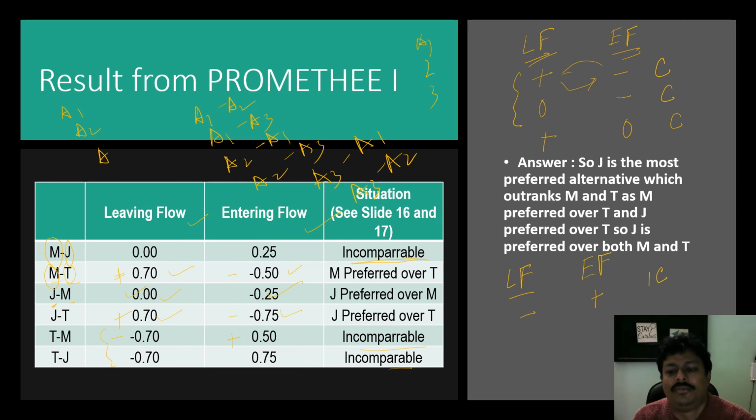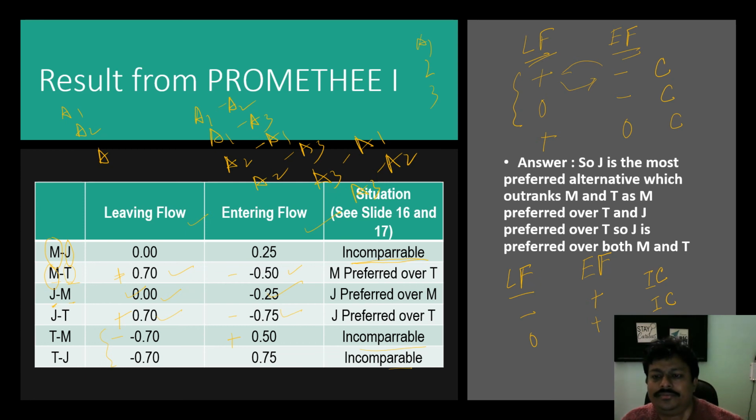You cannot compare those. And there is another situation that may arise. This may arise like this, that leaving flow is 0, but entering flow is positive. Then also we cannot compare.